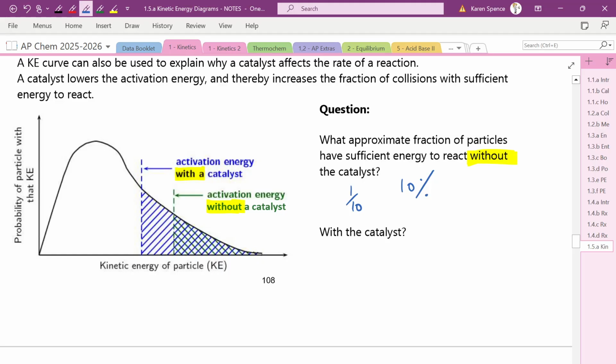And then with the catalyst, maybe it's 1/3. I could totally be exaggerating. Maybe that's like 1/5 or something, but it's certainly less. You know what I mean?